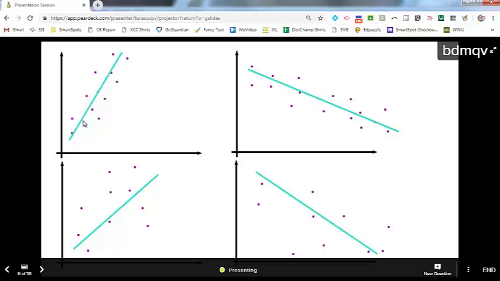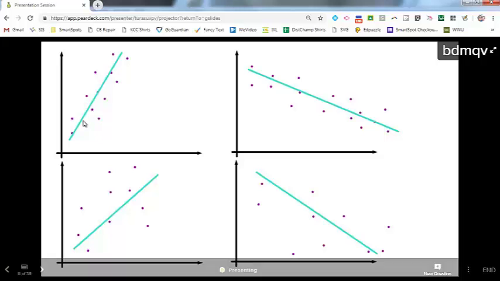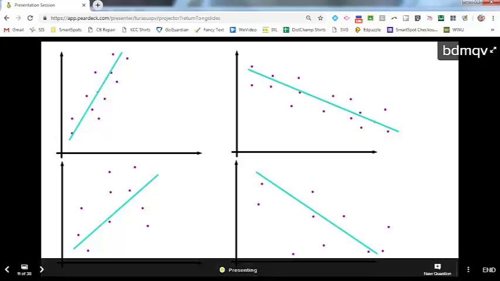At 0, that means there's no correlation whatsoever. It's just scattered all over the place. You can't tell what the correlation is. So the closer you are to positive 1, the closer the points are to a single line in the positive direction. The closer you are to negative 1, the closer they are to a single line in the negative direction.